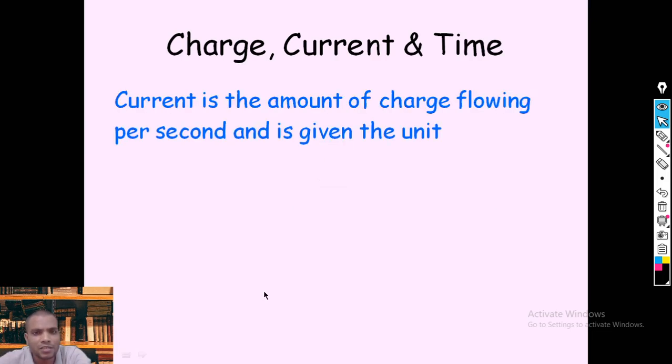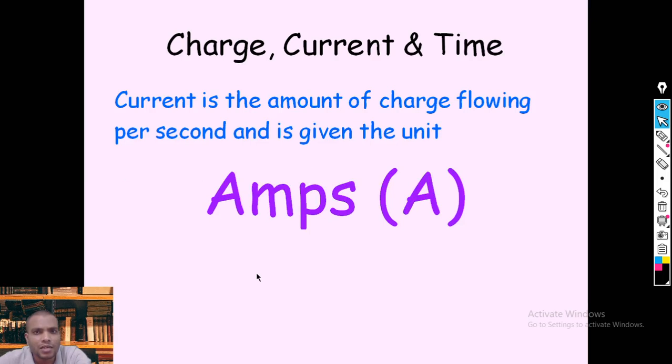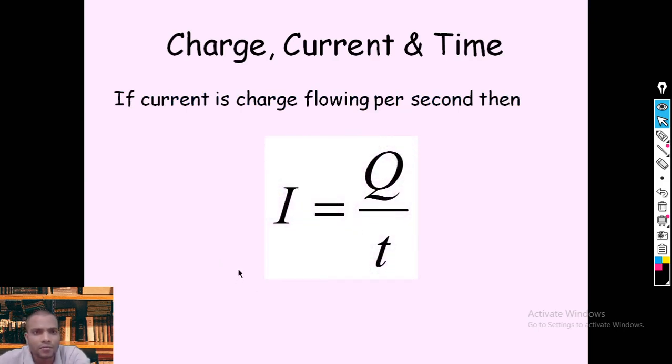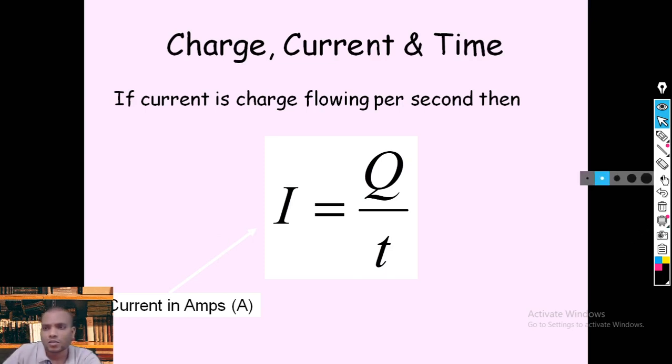It is represented with capital I. Current is the amount of charge flowing per second and is given by the unit ampere. If current is charge flowing per second, we can define I equals Q by t. This is the formula for current.